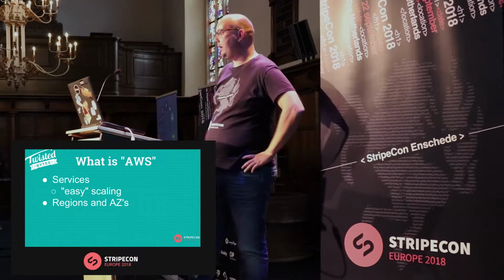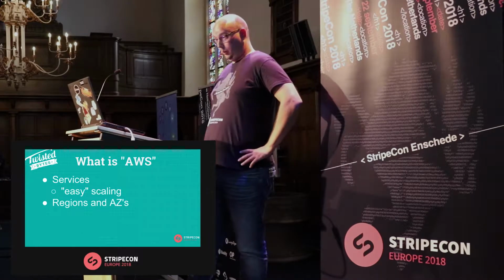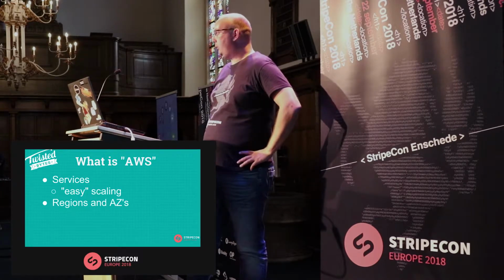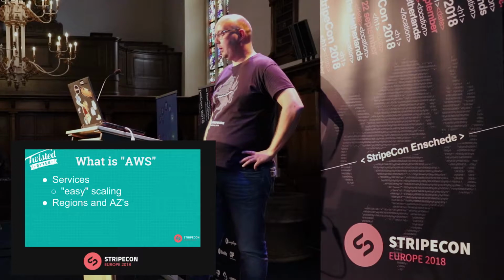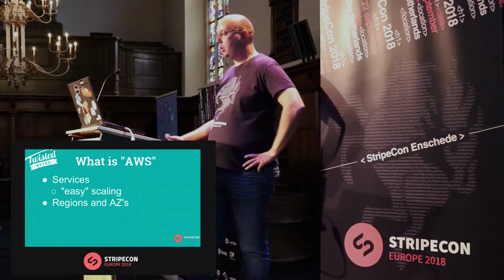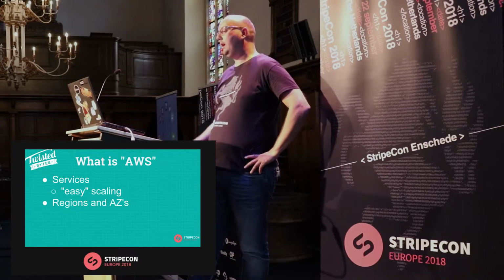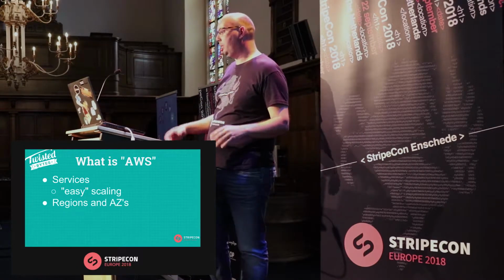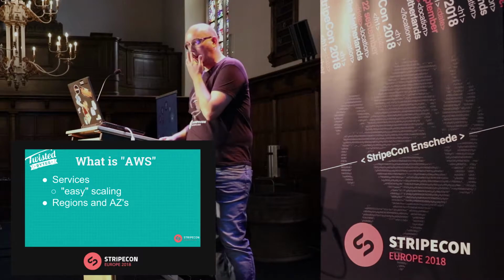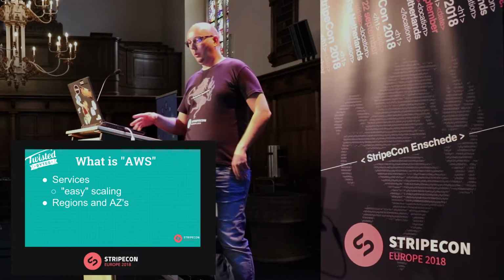So, what is AWS? AWS is a worldwide collection of services, and one of the most important for this talk is that it makes scaling easy with multiple servers with their tools.